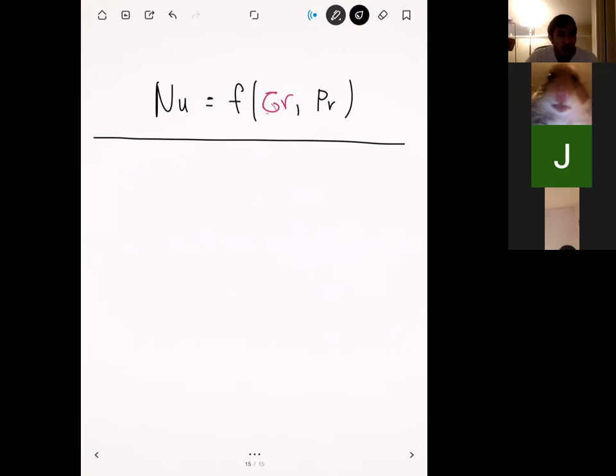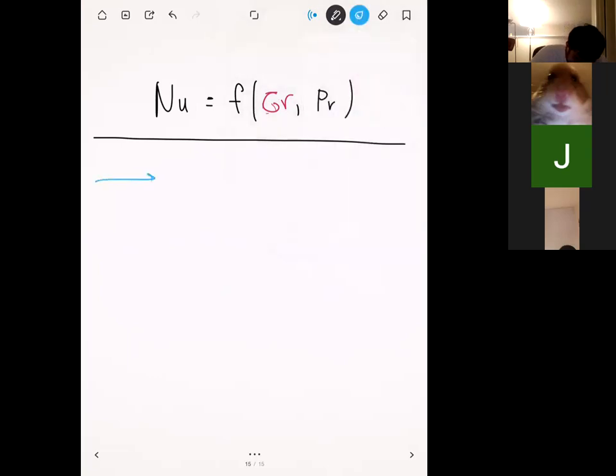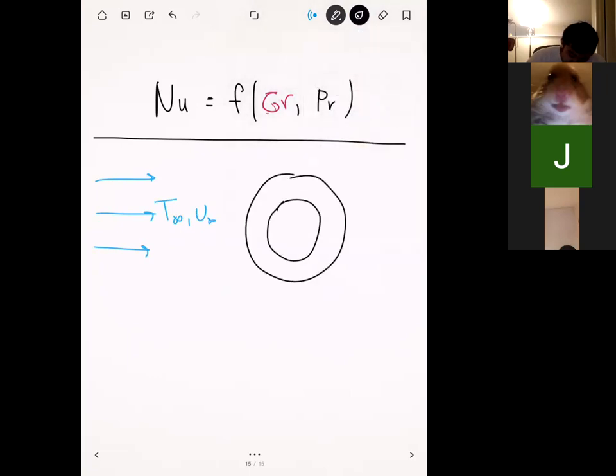Oh yeah. So basically you have a situation that looks like this. You have flow on the outside, and so this is T infinity, U infinity, and then we have a pipe here. The pipe has an inner radius and an outer radius. And what I tell you is that inside the pipe, you have Ti and Hi.